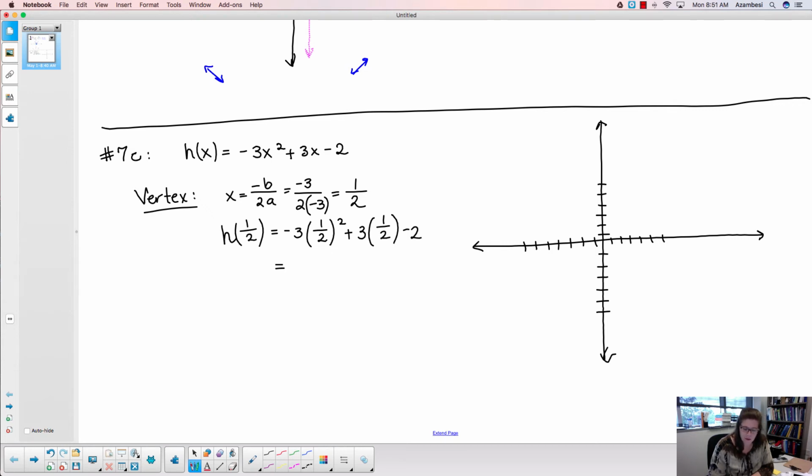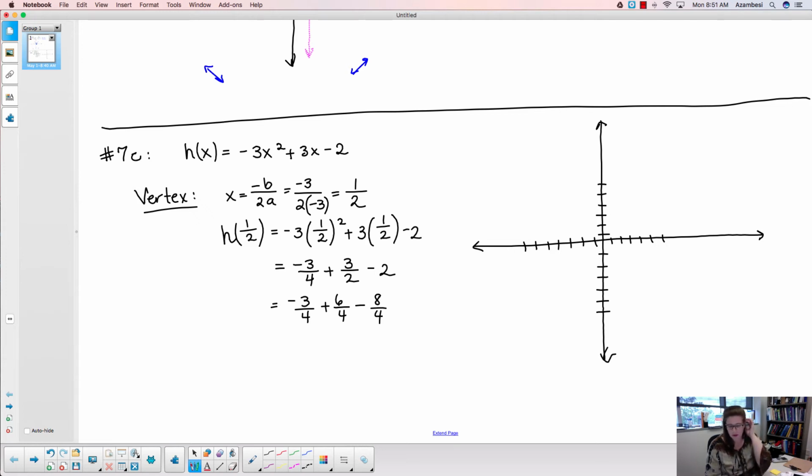Negative 3 times 1/4 gives me negative 3 over 4, and plus 3 over 2 minus 2. Putting this all together in fourths, I get negative 3/4 plus 6/4 minus 8/4.